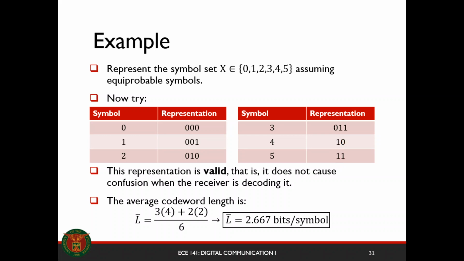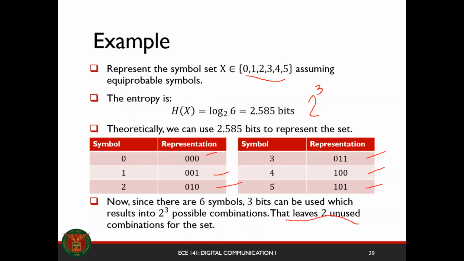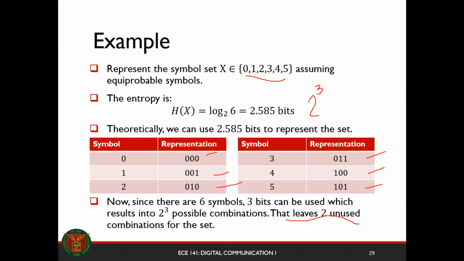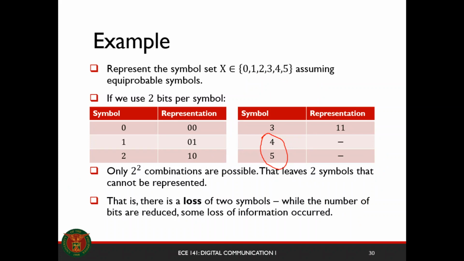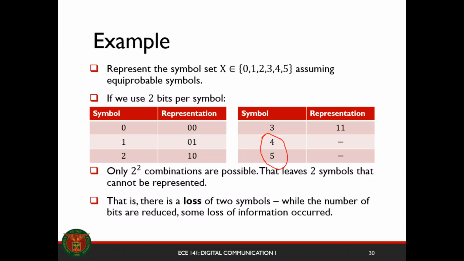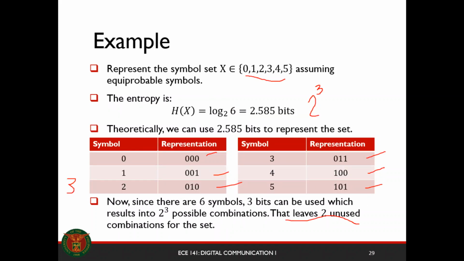If we use this, the average code word length becomes 2.667 bits per symbol, which is closer to the entropy as compared to this representation, which is 3 bits per symbol. The other one is less than the entropy, so it's lossy. Basically, this is more efficient coding compared to what I presented to you earlier.